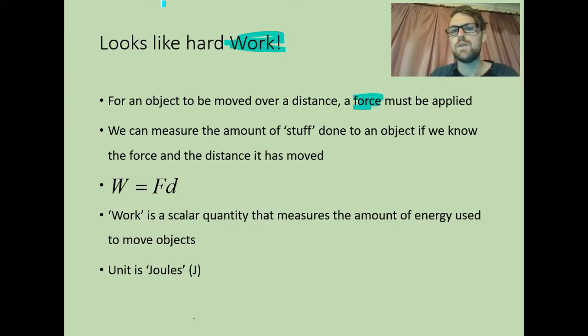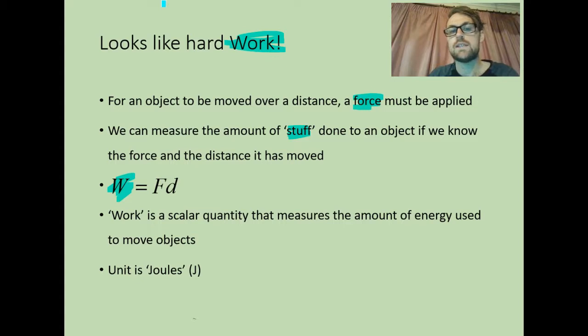So if we apply a force and we move an object over a distance, we can measure the amount of stuff done to it if we know how much force and the distance it has moved. Okay, we call the amount of stuff work. So the work done equals the force multiplied by the distance you take that force. Okay, and we'll have a look at an example of that shortly.